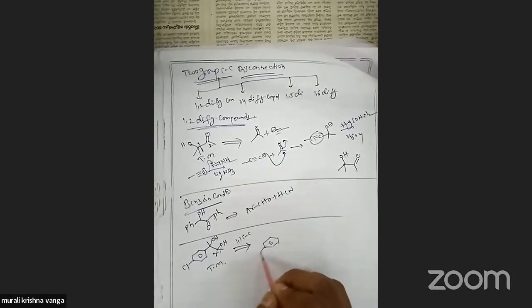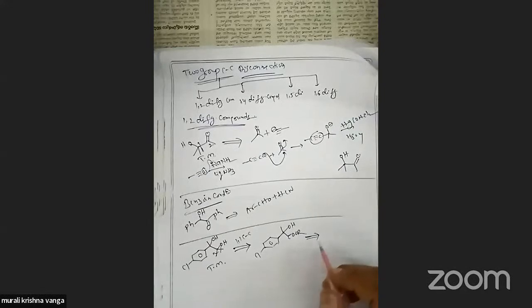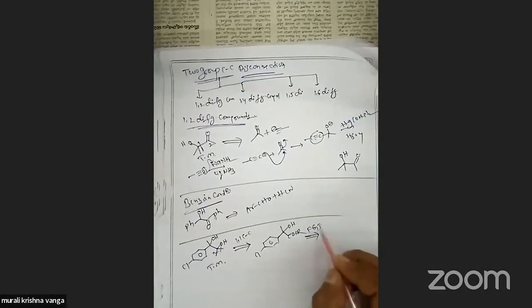Then OH, and here an ester is the product. Again functional group interconversion: the ester is converted into acid.